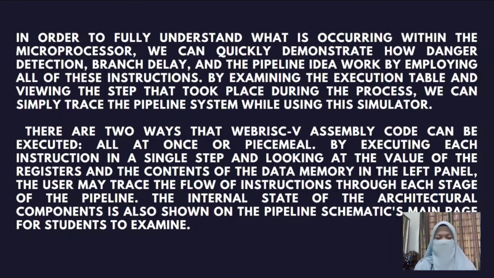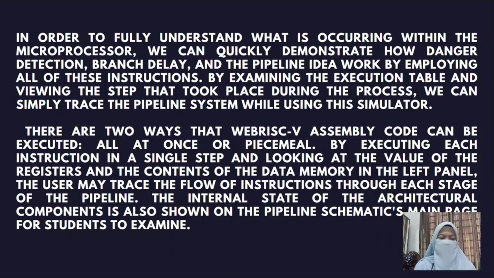By examining the execution table and viewing the steps that took place during the process, we can simply trace the pipeline system while using the simulator, which we already explained in the simulation part. There are two ways that WebRISC-V assembly code can be executed, which is all at once or piecemeal.